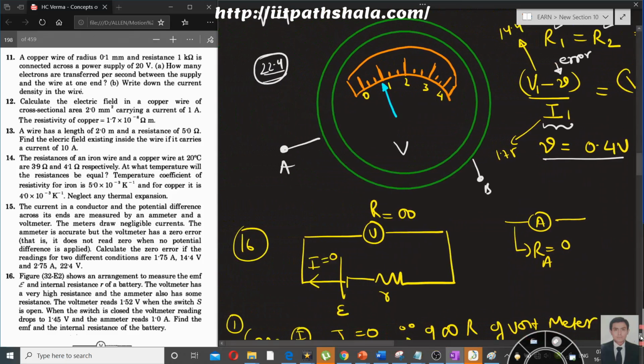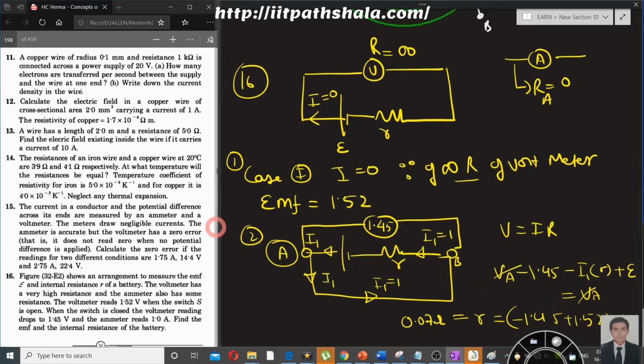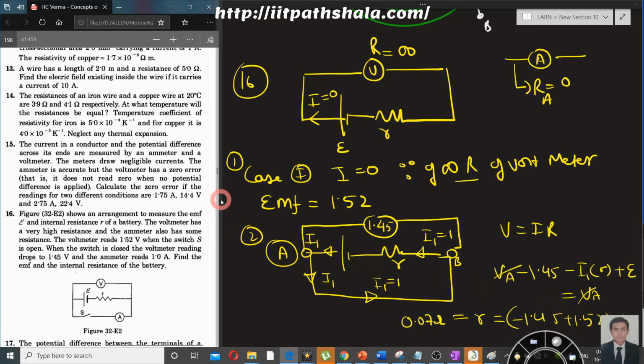Now let us move toward the 16th question itself, which says that you are given the following figure. The voltmeter is carrying a very high resistance, the ammeter is carrying very low resistance or some resistance. The voltmeter is reading 1.52 when the switch is open, as you can see in the diagram itself.